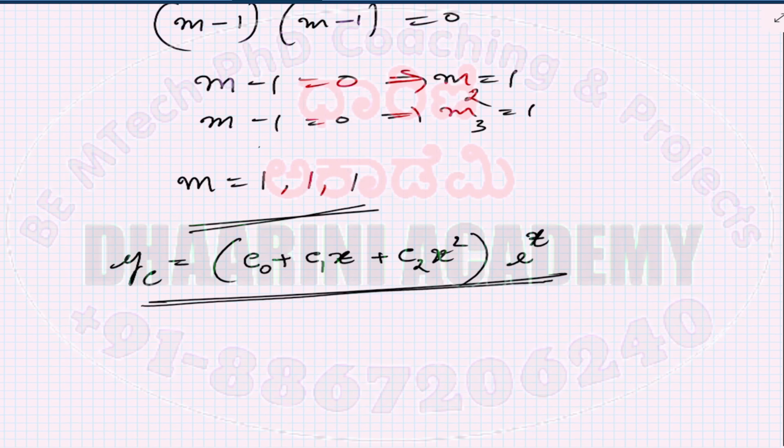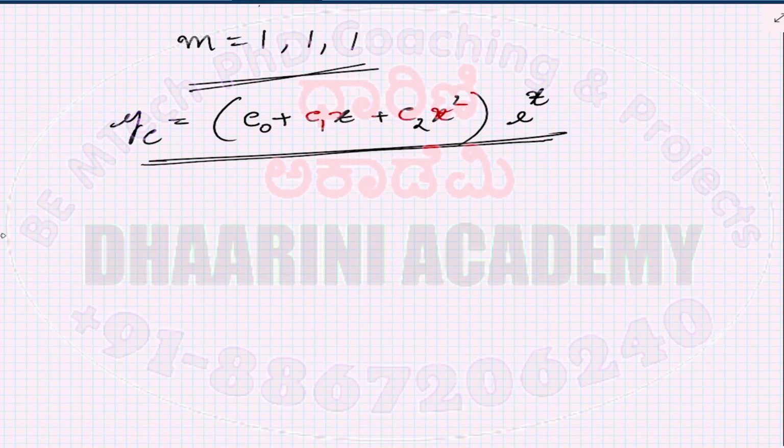For example, in this particular problem, they have given some values. That is, y of 0 is equal to 2. They have mentioned this. This means that when x equal to 0, the y is equal to 2.